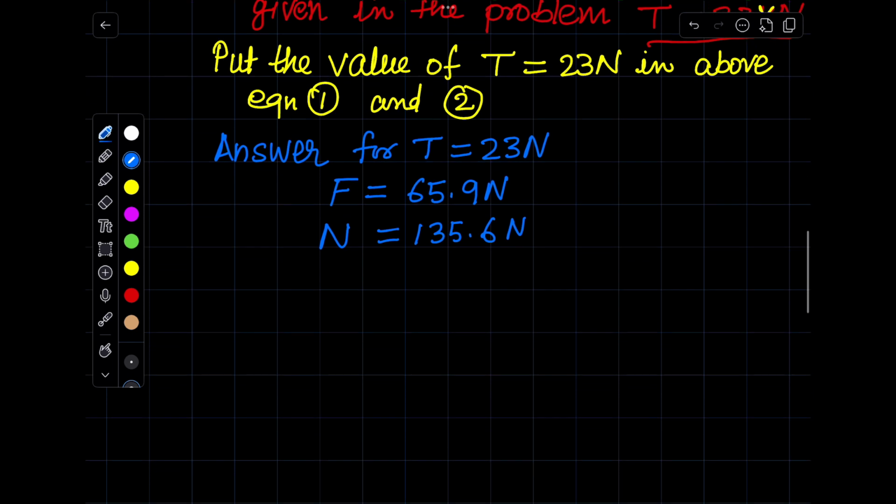This is the case for the first condition, when tension is 23 Newton.